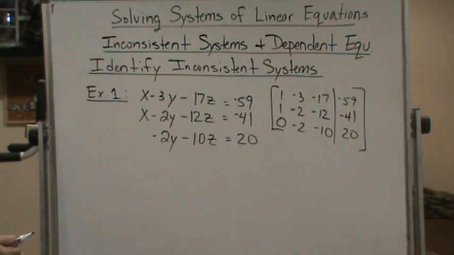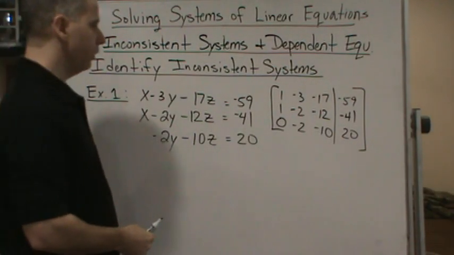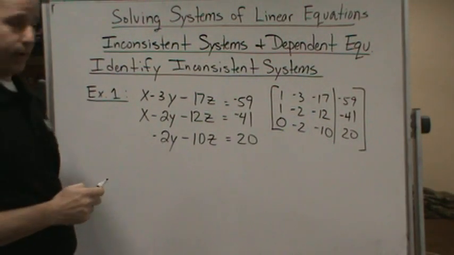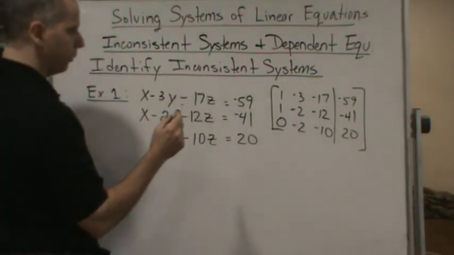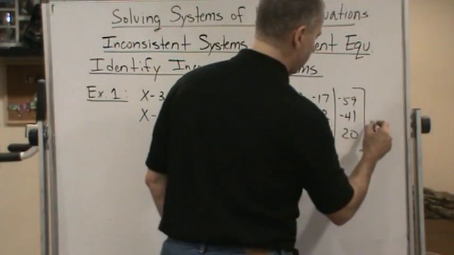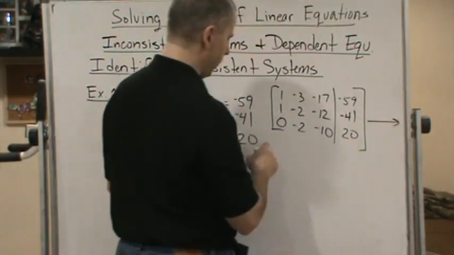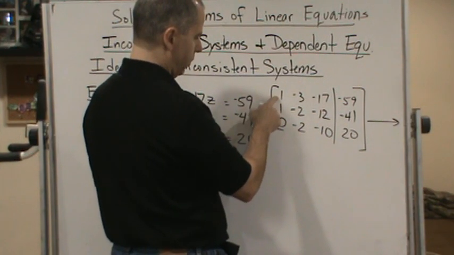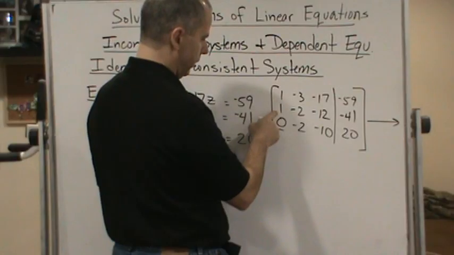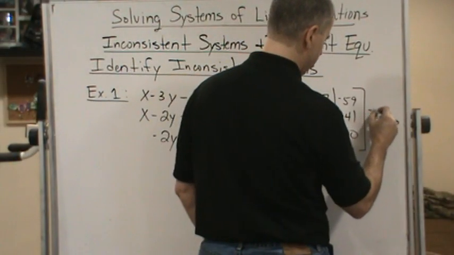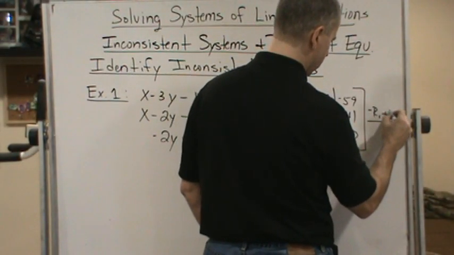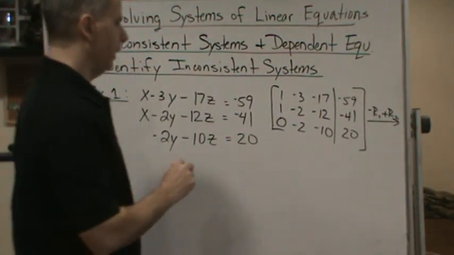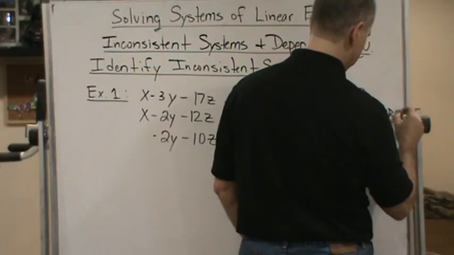So now we're going to solve this using our EROs, elementary row operations. The first thing I'm going to do is eliminate this 1, so I'm going to do negative row 1 plus row 2, and then replace row 2.